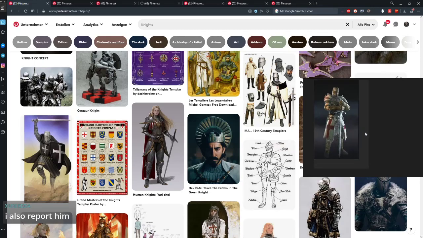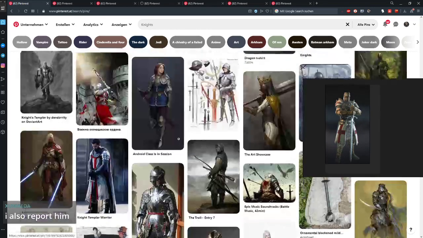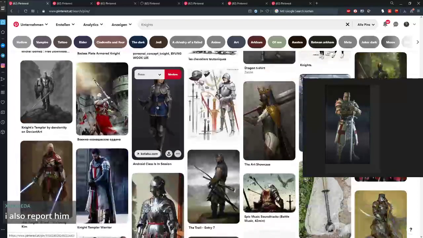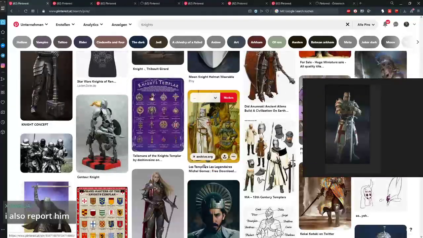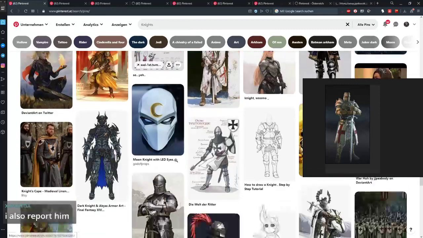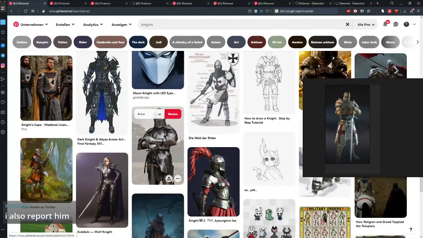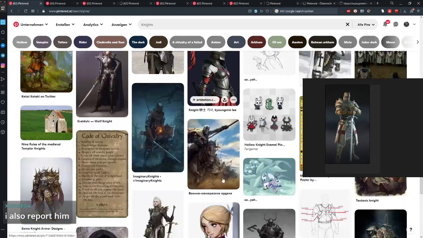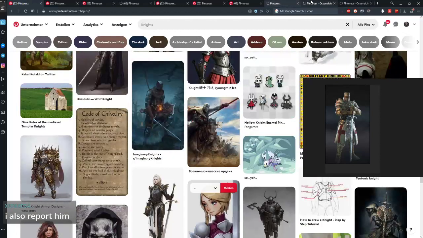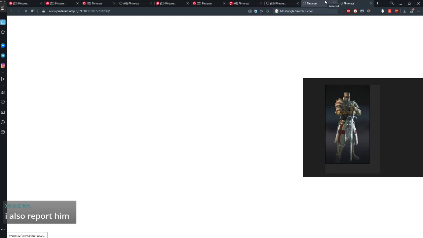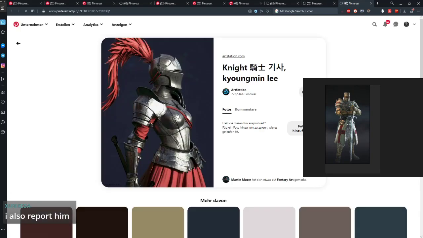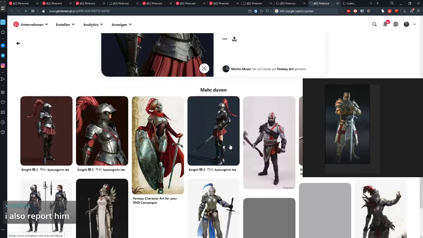Yeah, nice. My intent. I like this type of armor. Maybe I'll do a woman's armor, a realistic type of armor. Oh, I like this one. I absolutely adore it. Can I see more of this armor? It's from ArtStation, okay.